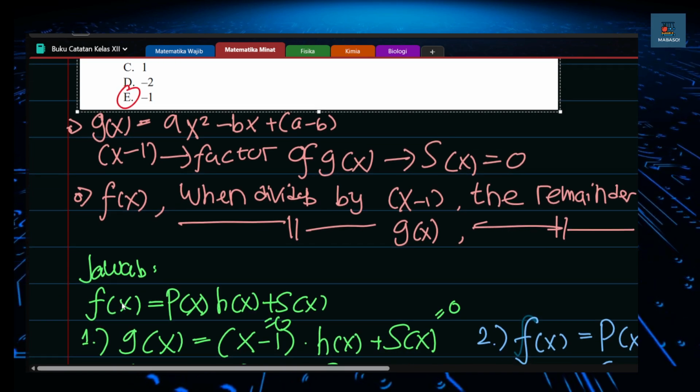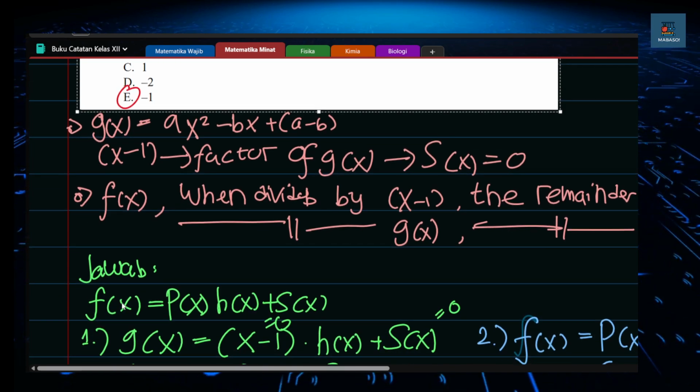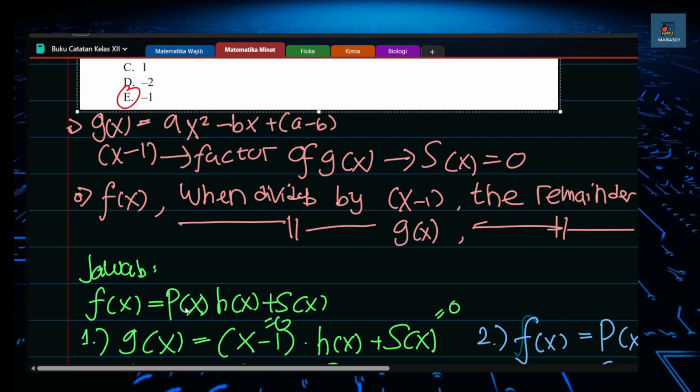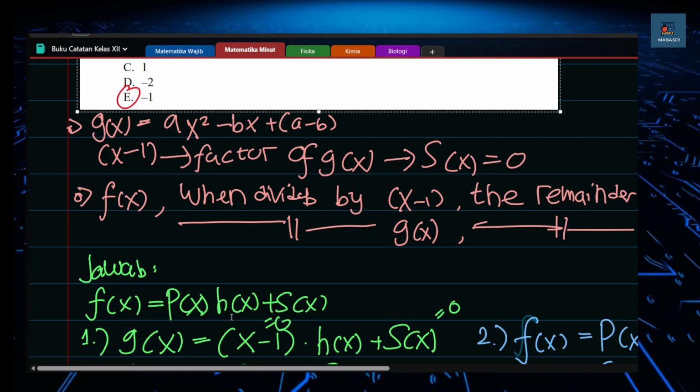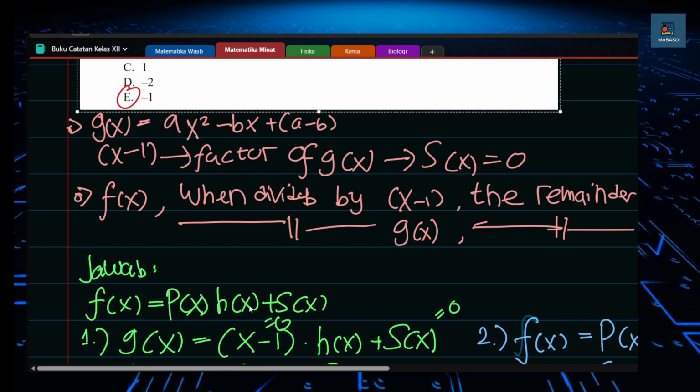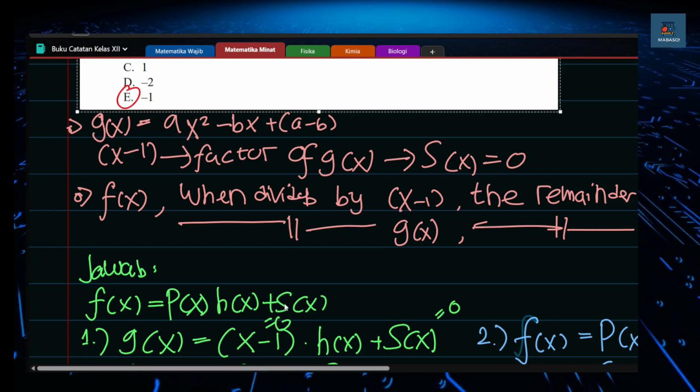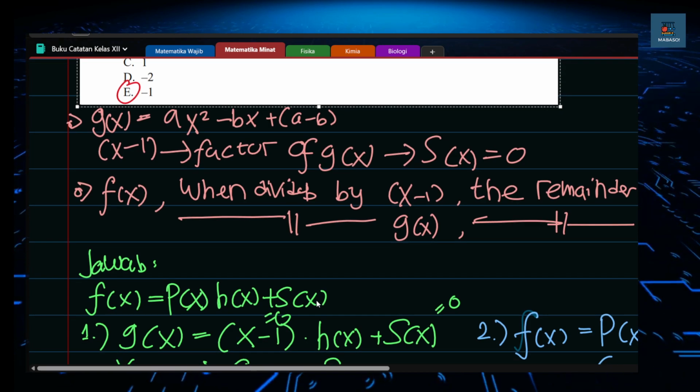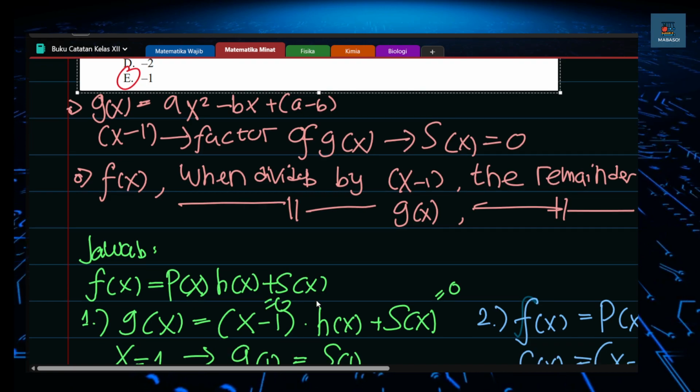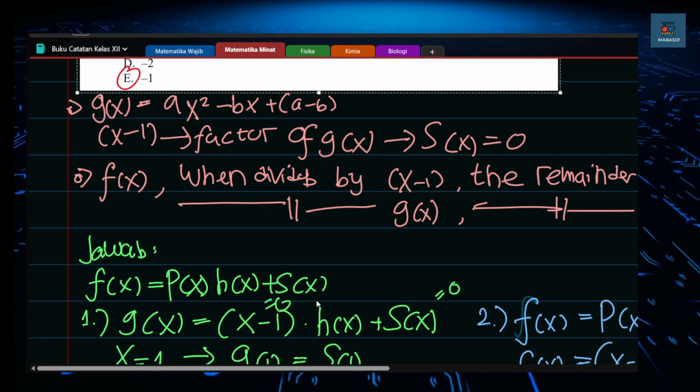So f(x) is a polynomial that we want to describe, is equal to p(x) times h(x) plus s(x), where p(x) is the divisor, h(x) is the quotient or the result of the division, and s(x) is the remainder.